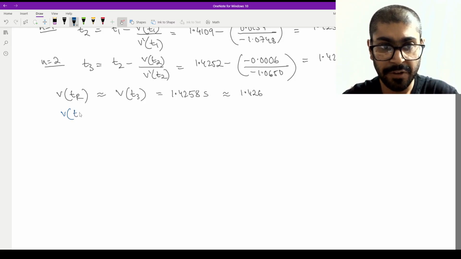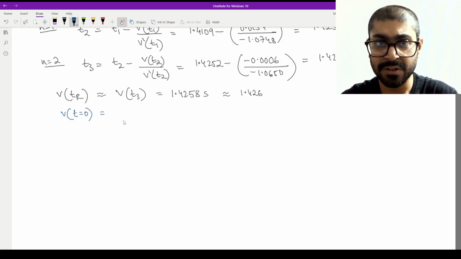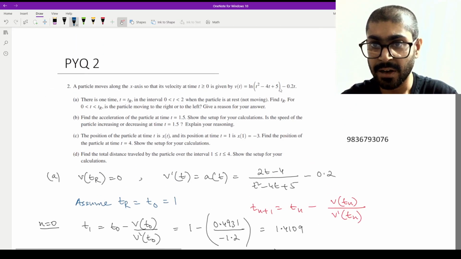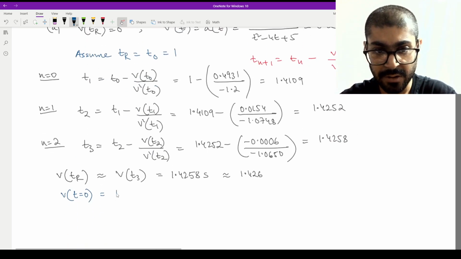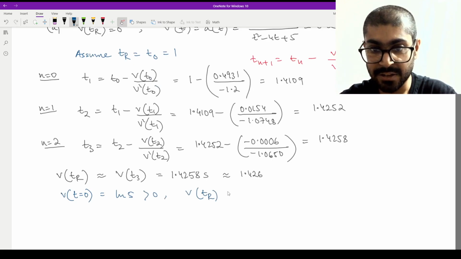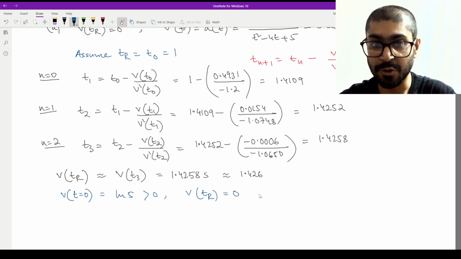So V of T equals 0 would give us ln 5, which is positive, and then V of TR, if we put this value 1.426, you can calculate, that will be 0, right? Because that is what we had to calculate.